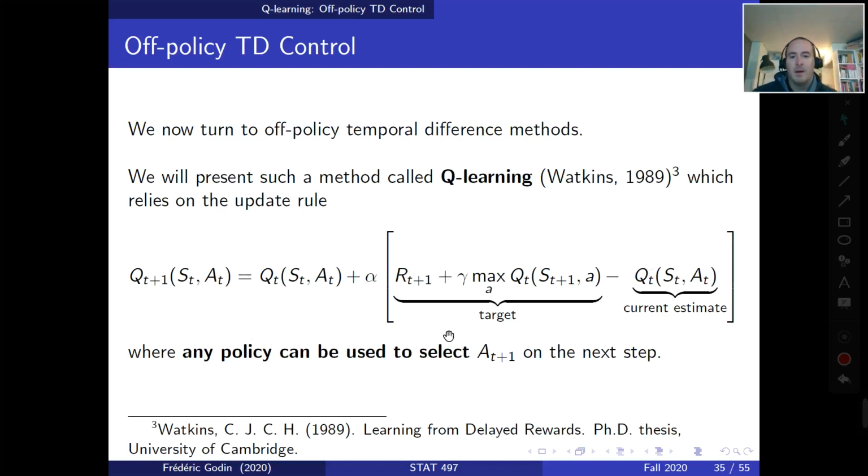So this means that when you apply Q-learning, you can use any behavior policy to generate your episodes. Generate your episodes according to any policy, but then on each time step, you refine your estimates of the Q function, or the action value function, through this update, where in the target you take the greedy action to plug in your action value function estimate.